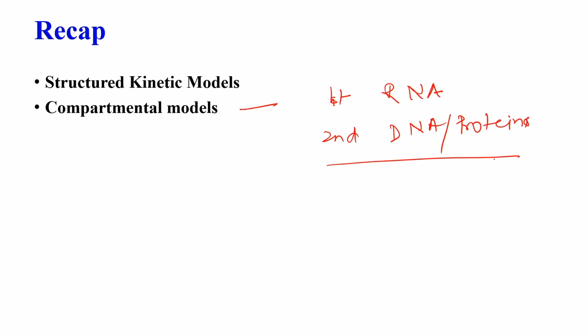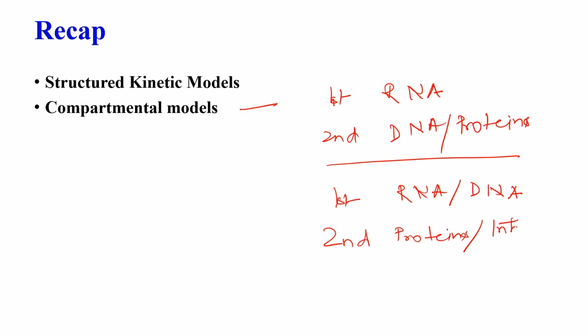While in the case of the Ramakrishna model, the first compartment included RNA and DNA, while the second compartment included proteins along with inhibitors.